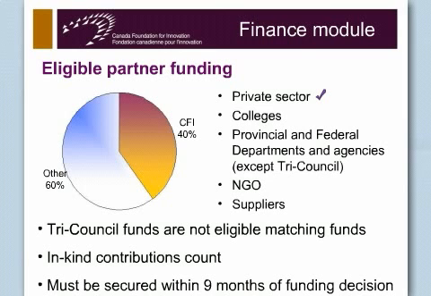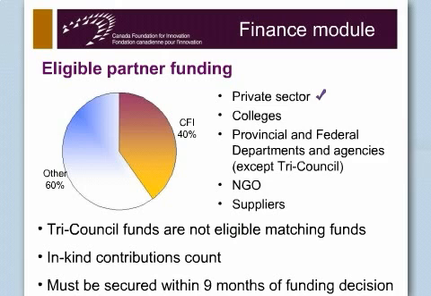eligible. So private sector. Again, the private sector can contribute towards this funding, but is not obliged to do so. We need participation from this private sector in your proposal, but not necessarily a cash contribution. But if there is a cash contribution, great.